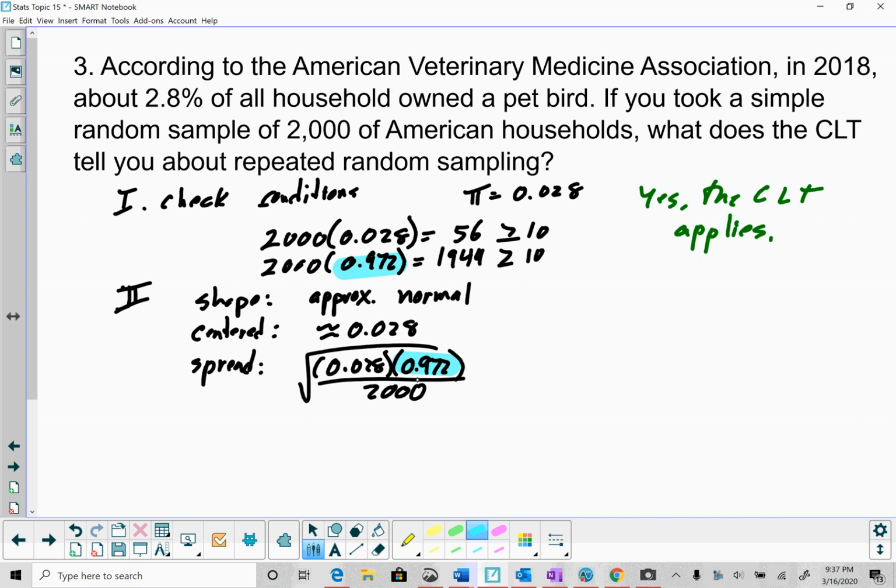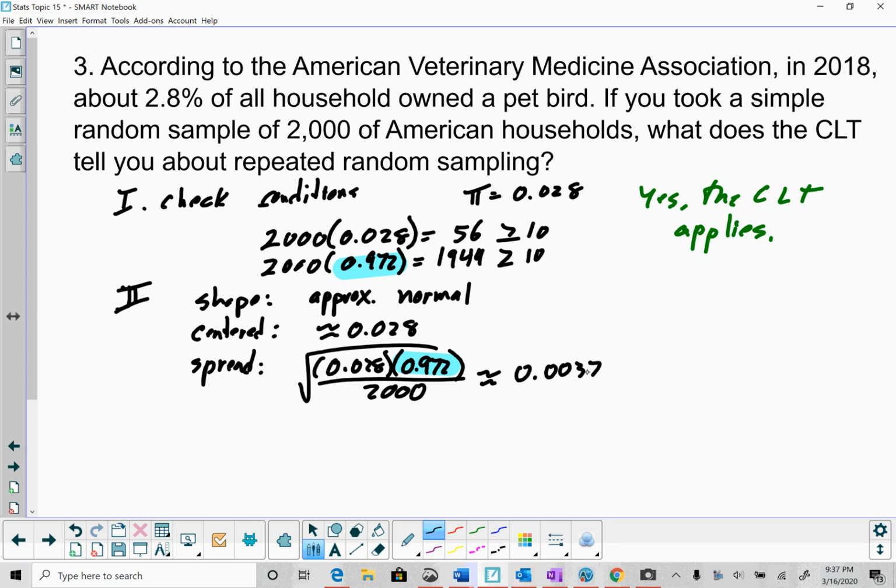You're going to have to do the arithmetic eventually. At one point or another, you might as well do it, get it out of the way. So this will then give us a value of about 0.0037.